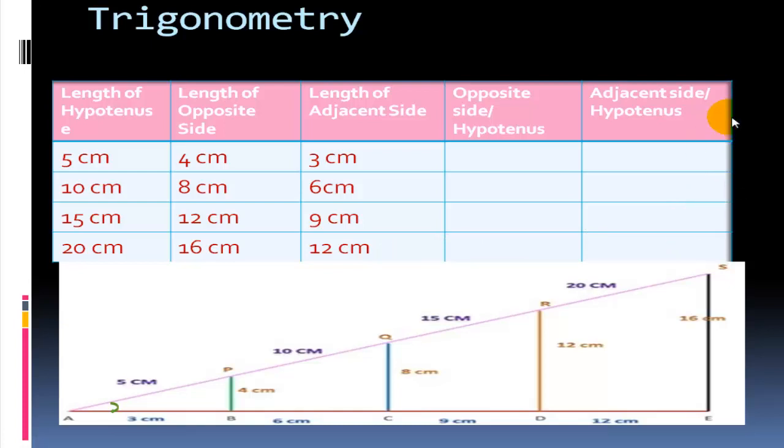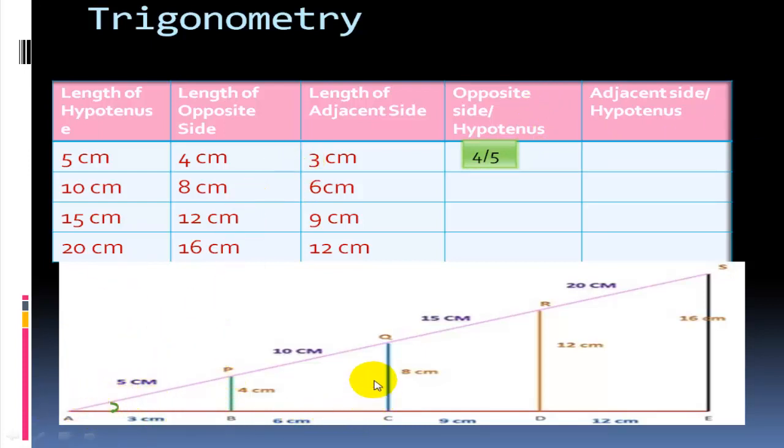Now we have to find the trigonometric ratios, that is opposite side by hypotenuse for these four triangles. This is opposite side and this is hypotenuse. So we have to find this ratio. Opposite side by hypotenuse, we will get 4 by 5 as ratio for this triangle ABP.